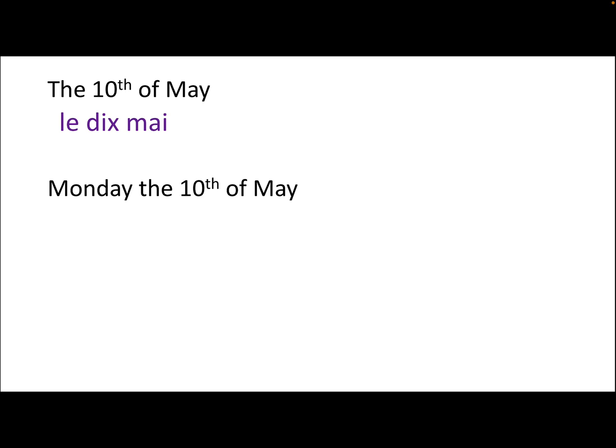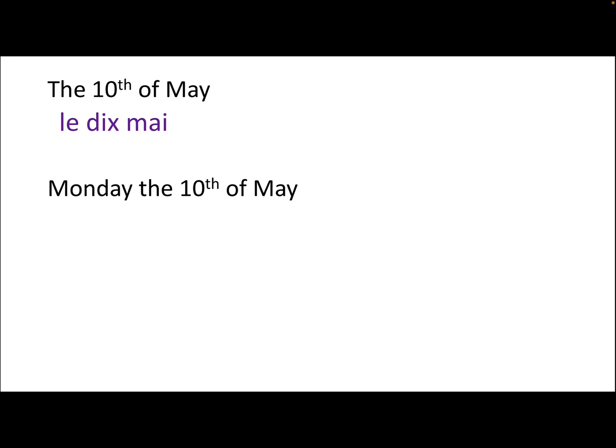So literally the 10 May. Le 10 mai. So whichever date you were talking about, if you were talking about, say, the 15th of something, you would change 10 for 15. And if you wanted to talk about a different month, like September, for example, you would change that to septembre.